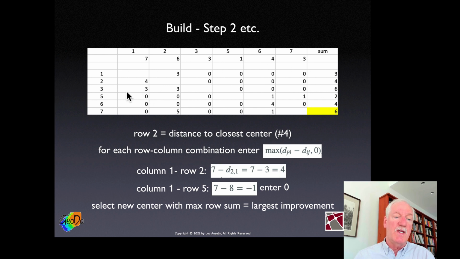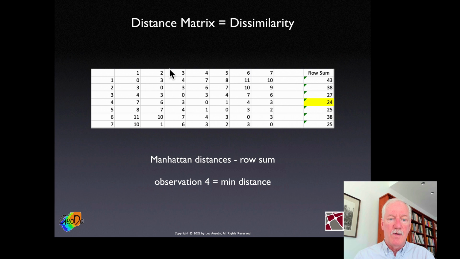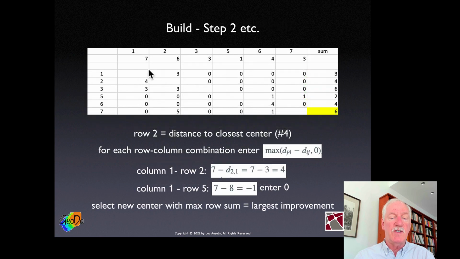And similarly, if we consider candidate number 3, what is the distance from 1 to 3? Here the distance from 1 to 3 is 4. So right now we have a distance from 1 to 4 as 7. If 3 would be the next center, then the distance from 1 to 3 would be 4, which is an improvement of 3.